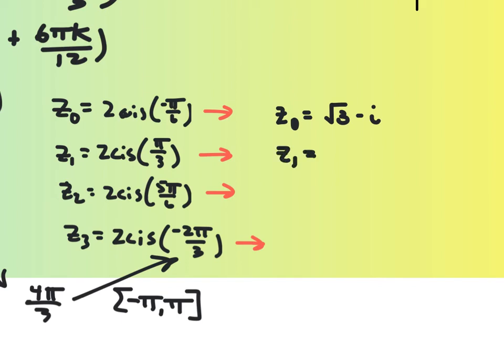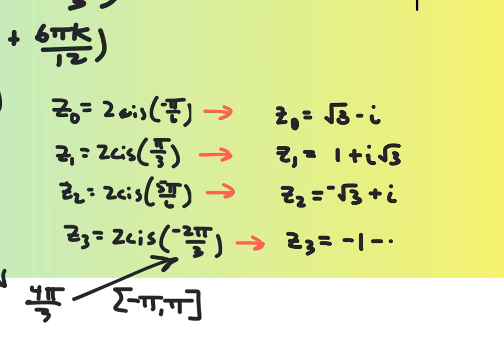Z sub 1 would equal 1 plus i root 3. Z sub 2 would equal negative root 3 plus i, and z sub 3 would equal negative 1 minus i root 3. Okay, so you can see some cyclic nature in that.